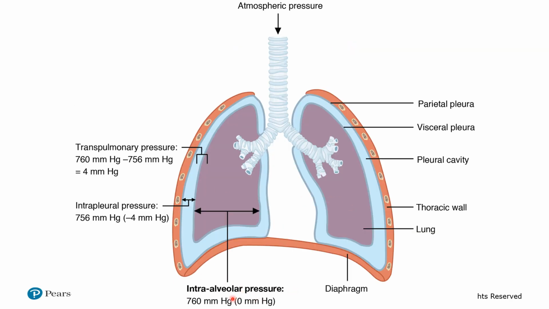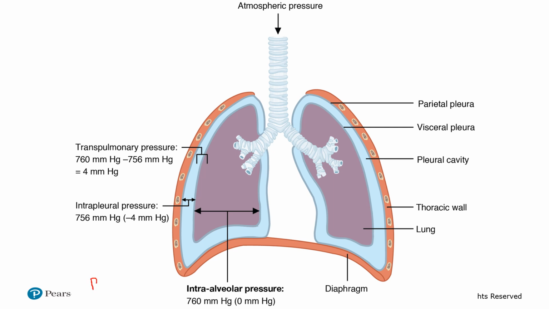Now let's see what the respiratory pressures are. So there is intra-alveolar pressure. This is the pressure which is present in the alveoli. We know that alveoli are the air sacs where the air comes in, and in those alveoli there is a pressure which is known as intra-alveolar pressure, and the value of that pressure is 0 millimeter Hg. Zero means that it is equal to the atmospheric pressure.